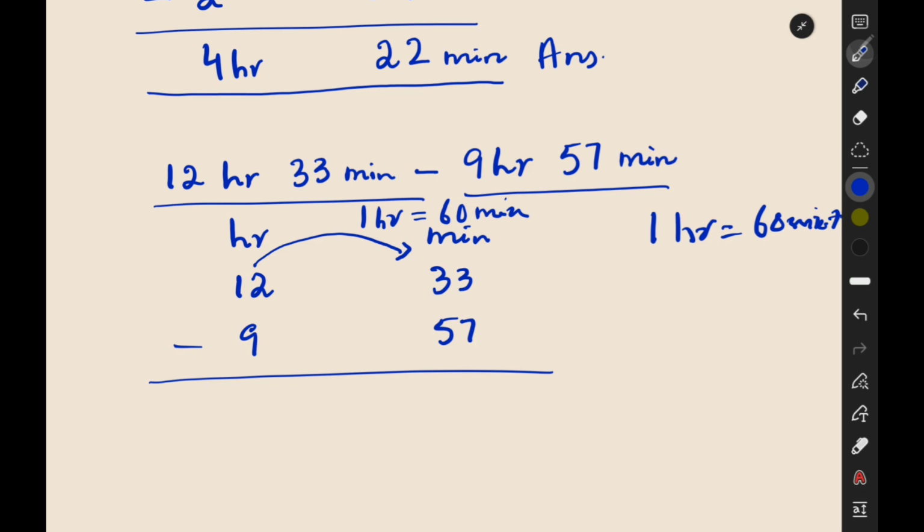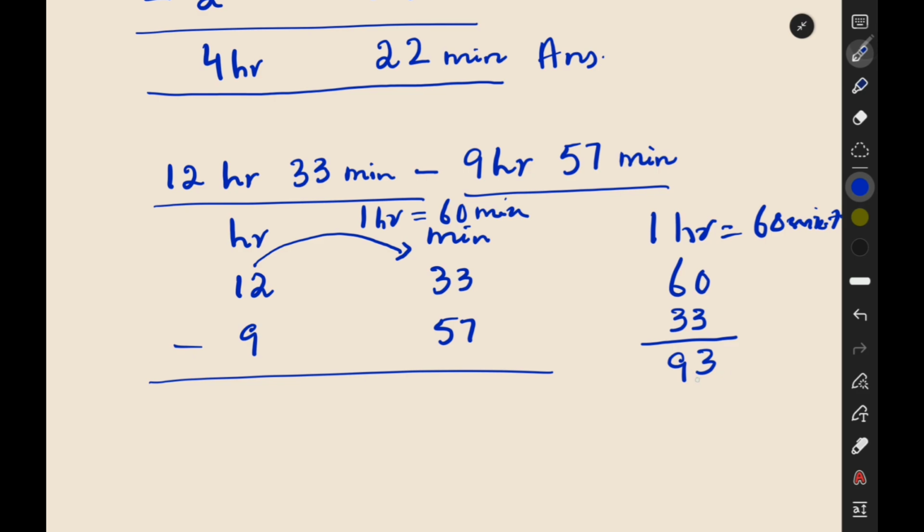So 60 minutes will add with 33. It becomes 93. So when 60 plus 33 add, it gives 93.